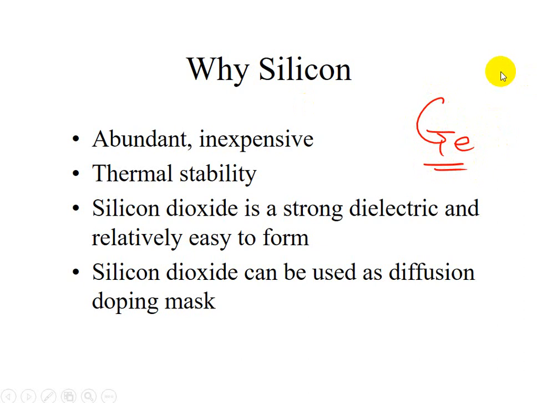Right now, more than 90% of the industry is dominated by silicon as a substrate for IC fabrication. What's the reason why we use silicon instead of germanium?